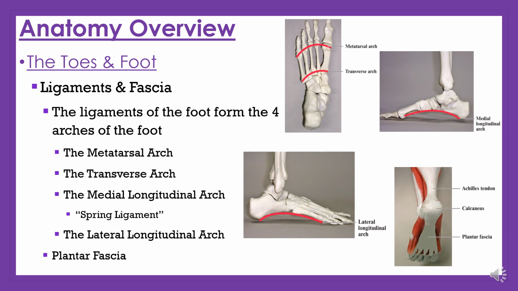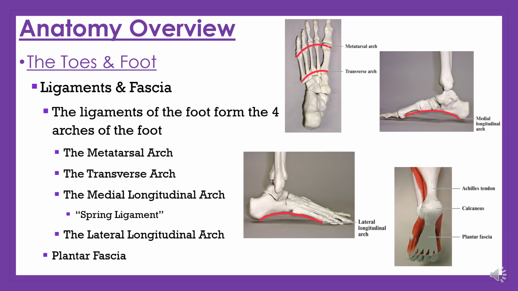Lastly is the lateral longitudinal arch, which is on the lateral aspect of the foot and allows the same pattern as that medial longitudinal arch. And that lateral longitudinal arch is formed by the calcaneus, cuboid, and the fifth metatarsal. We also need to mention the plantar fascia and plantar aponeuroses here.